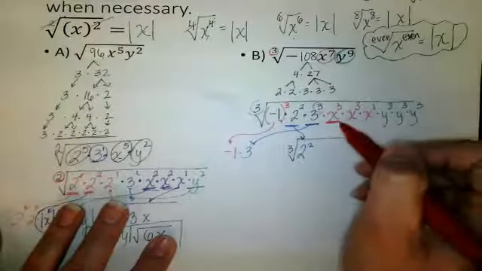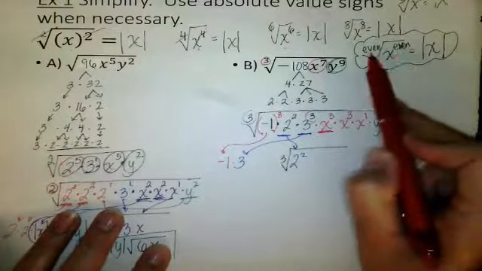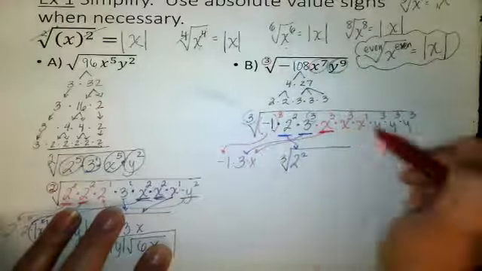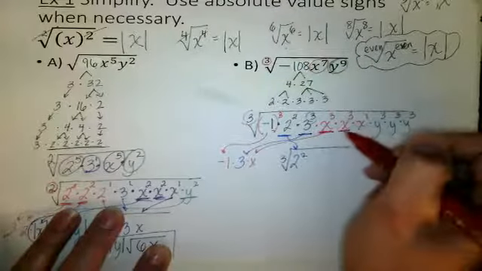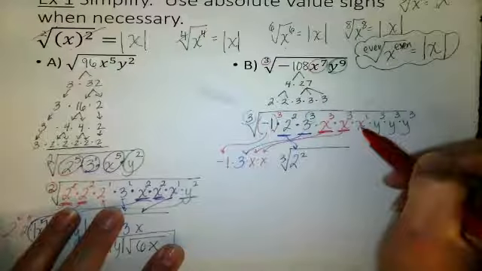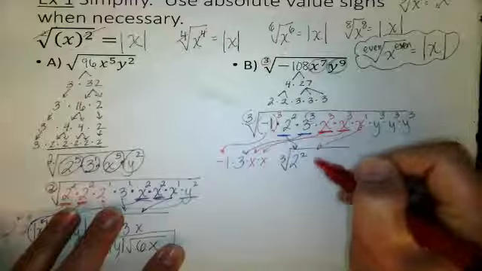I heard absolute value of x. I only care about absolute value when they're even. Yeah, so actually this one's easy. It's just x. Kind of nice. What's the cube root of x cubed? X. Can I do the cube root of x to the first? No, that one's too small. It stays inside.